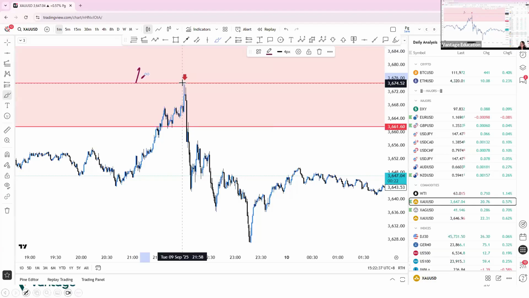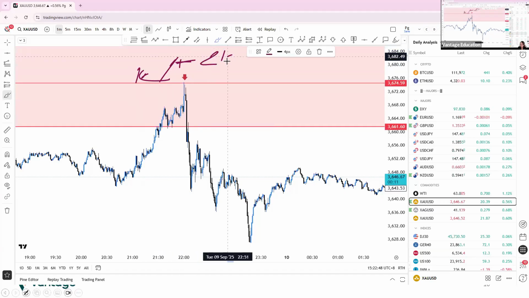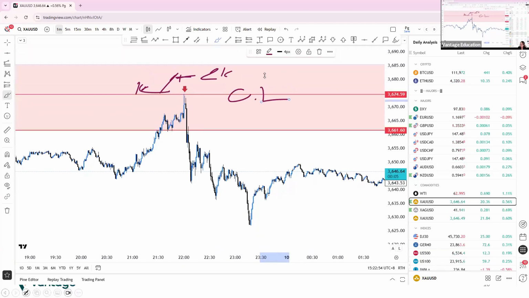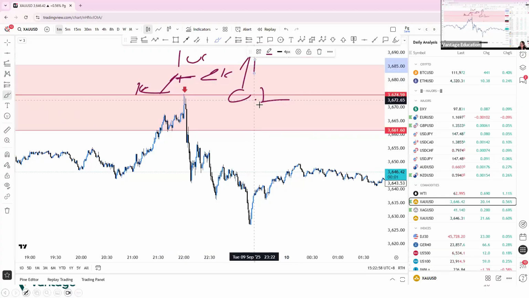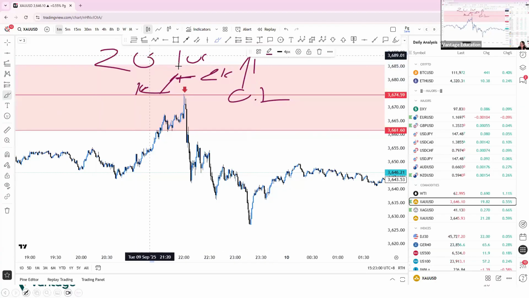I put maybe my stop loss just 20 pip above, meaning my stop loss will be 3676. If price hits my stop loss with 10 lots, I lose 2K. But if you only trade with, let's say, 0.1, you can put the stop loss maybe 100 pip. So if price hits your stop loss, you lose how much? You lose $200. Maybe for yourself you are okay.